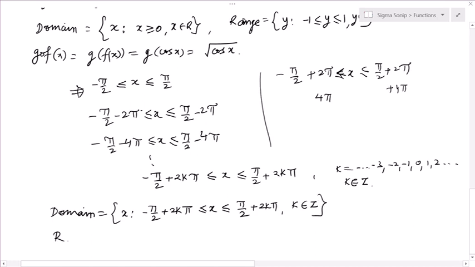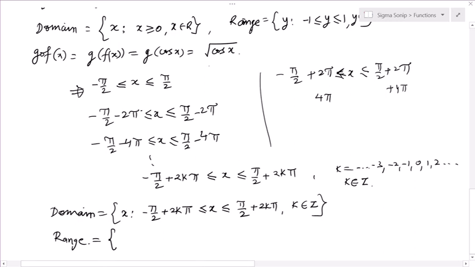And now we look at the range. We need to see that cos x has only positive values here. The values of cos x vary from -1 to +1, but because of this domain we'll only have positive values.